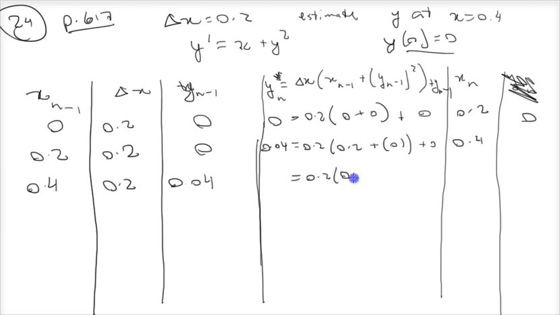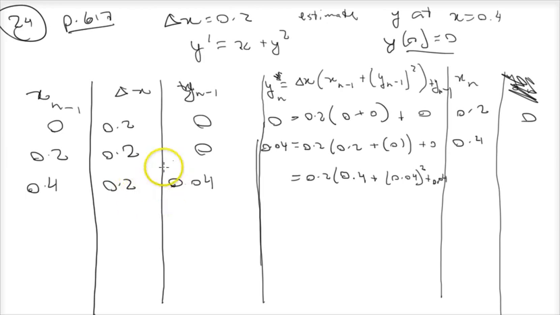We've got 0.4 plus 0.04 squared, and we are going to add that to the old y, which is 0.04.